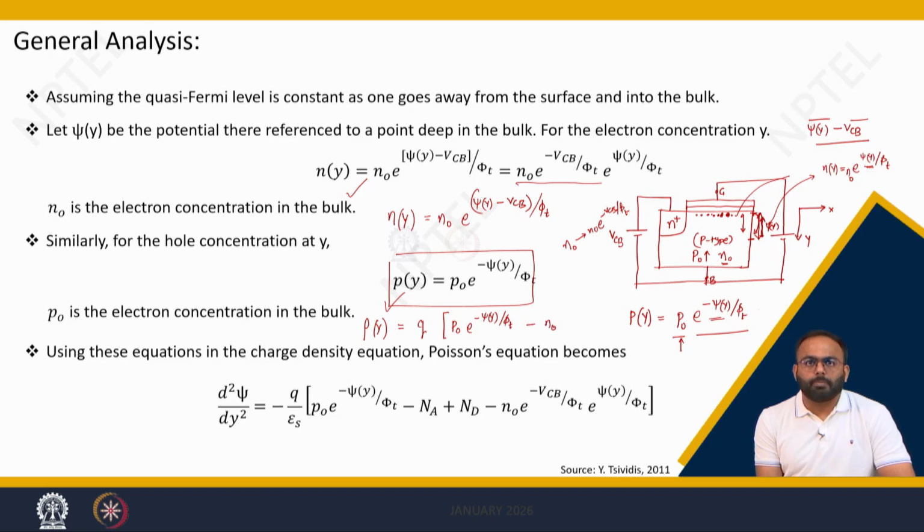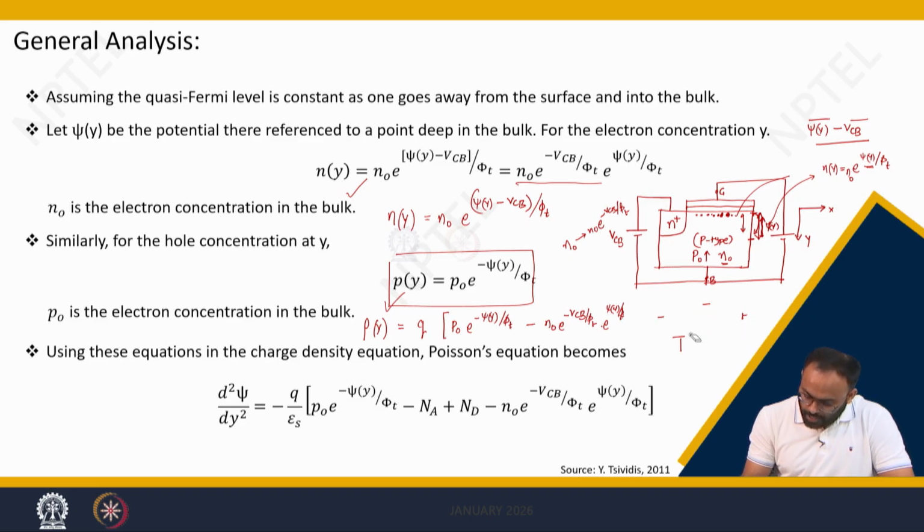Here n naught can be replaced by n naught into e to the power of minus VCB divided by phi t, into e to the power of psi y by phi t. So, let me erase this, plus the donor concentration minus the acceptor concentration.